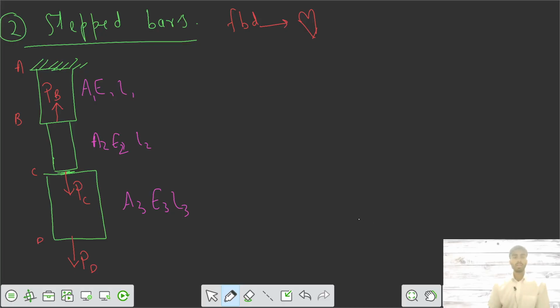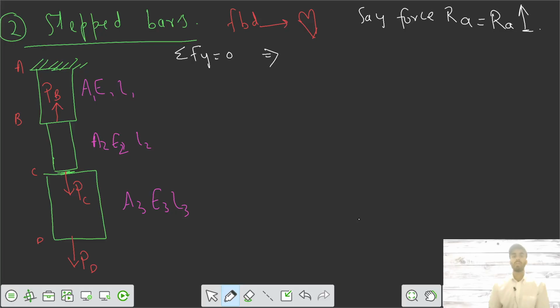There are three external forces acting and a support as well. Applying force equilibrium, the summation of forces in the y direction has to equal 0. Then the reaction at A is in the upward direction.